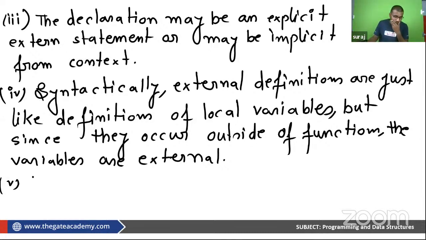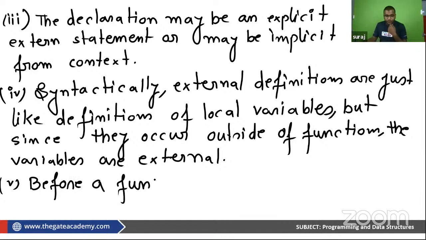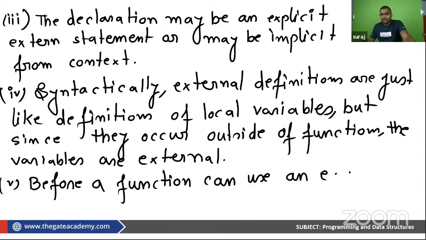Right, next point. Before a function can use an external variable, the name of the variable must be known to the function.